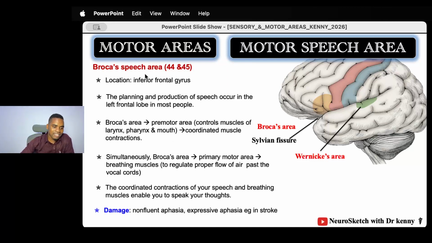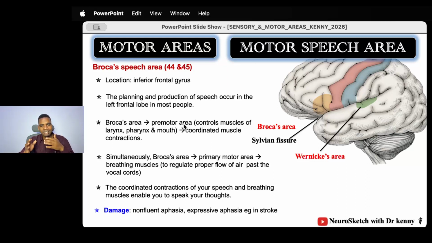Planning and the production of speech occur in the left frontal lobe in most people, and this is the flow of information. The information comes from Broca's area because this is the one that initiates, and from Broca's area it goes to the premotor area.